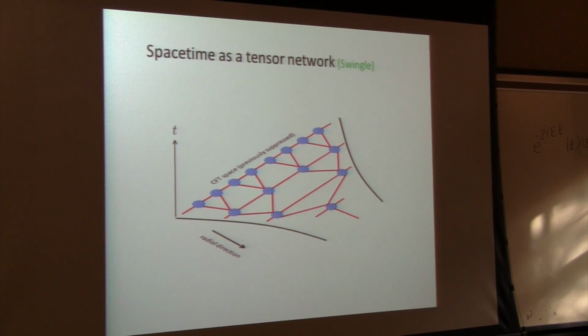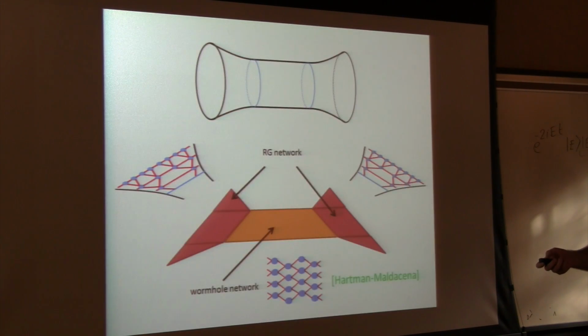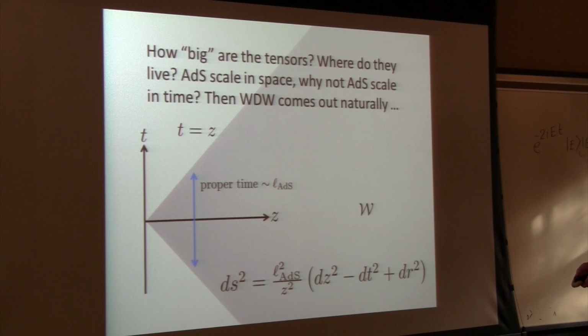Why should we stick them to one Cauchy slice? We could let them sit anywhere. And so if I take the principle that these tensors should occupy one AdS distance in every direction, then the causal patch appears pretty naturally, this Wheeler-DeWitt patch, because the proper time between these two light rays is always of order the AdS radius in this standard empty AdS geometry.